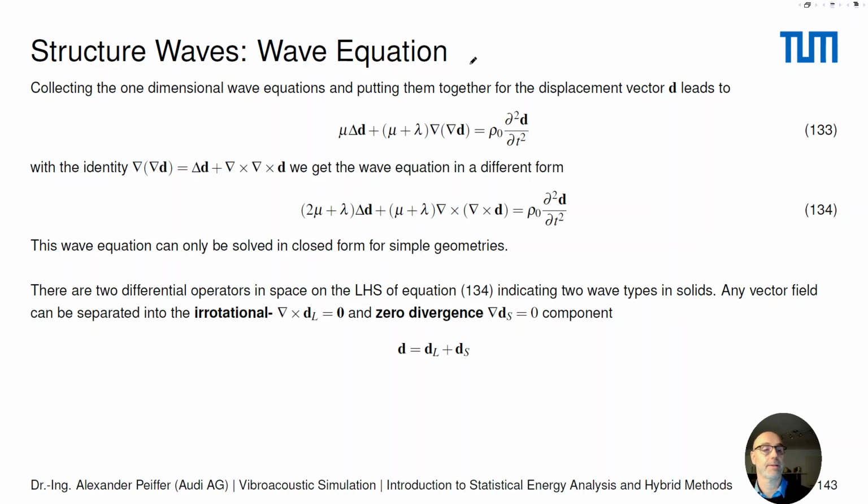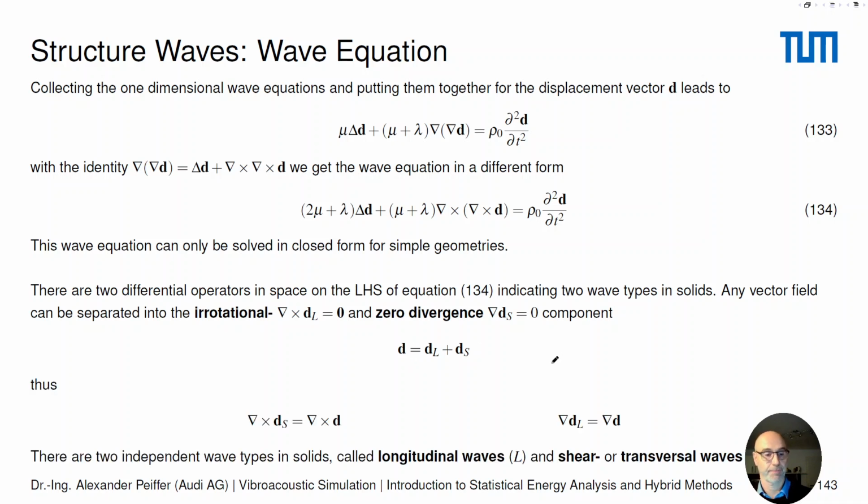If we separate this vector field of displacement into an irrotational component, which is given by the fact that the curl of the displacement is 0, or on the other hand, a component that is characterized by a 0 divergence, the sum of both of them gives the final dilatation.